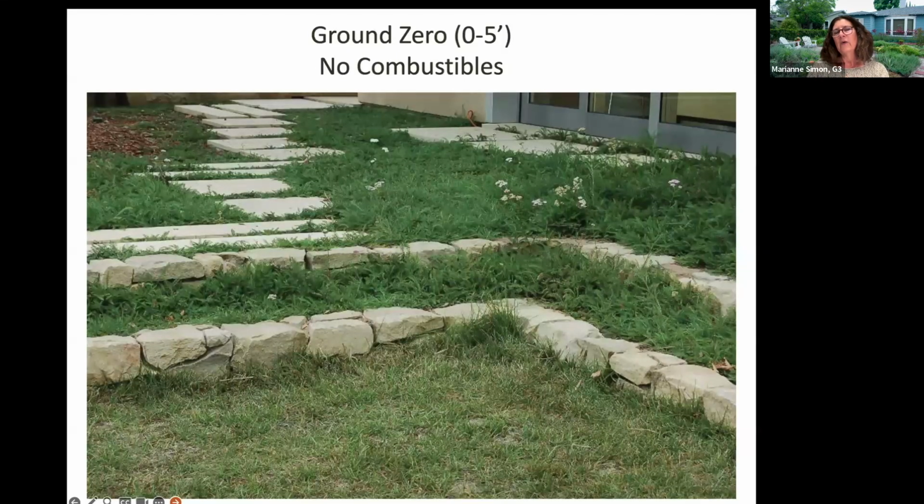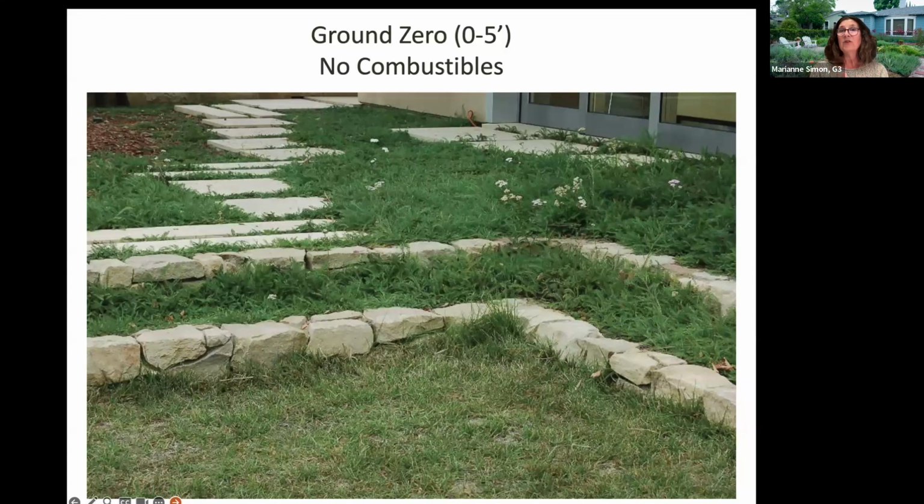So we're going to start out with the zone that is closest to the house, which is basically from 0 to 5 feet. There are some counties that are saying there is no planting there at all. Others say there's some planting, but it needs to be short and well irrigated.